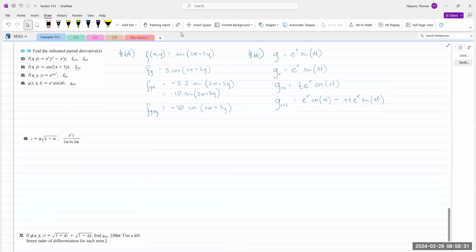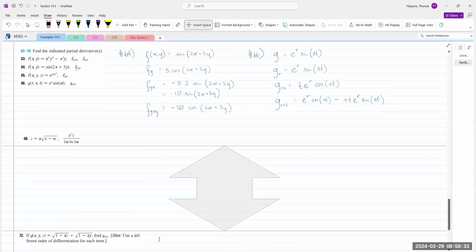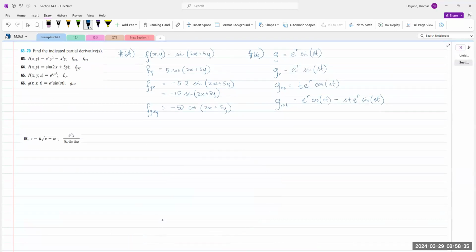Okay, number 68. Let's see how painful this can be. We have this z here. I wonder if you understand this notation. It means you first do the partial of z with respect to w, and then the partial of that with respect to phi.